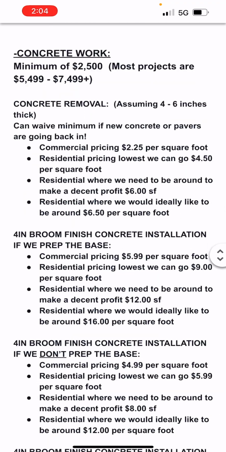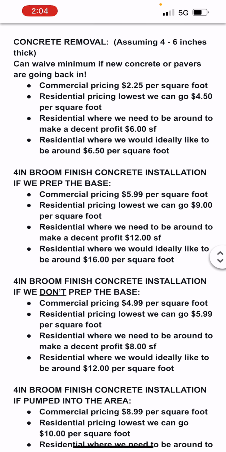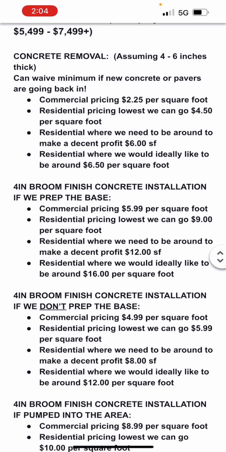And then you're going to find the section where it has 4-inch broom finish concrete. 4 inch is what we would use for a walkway. And we would be prepping the base on this. So we'd be looking at around $16 a square foot.